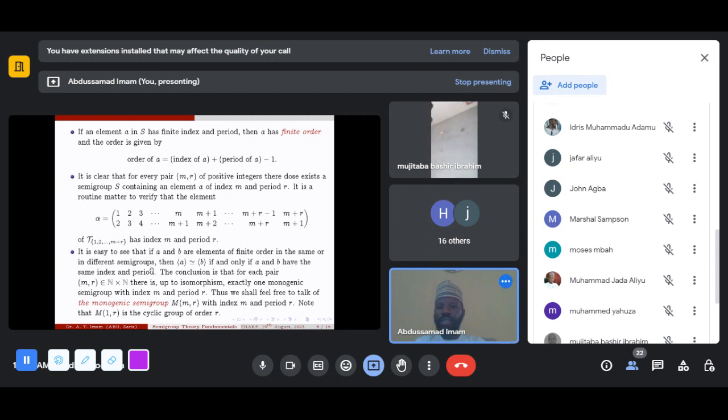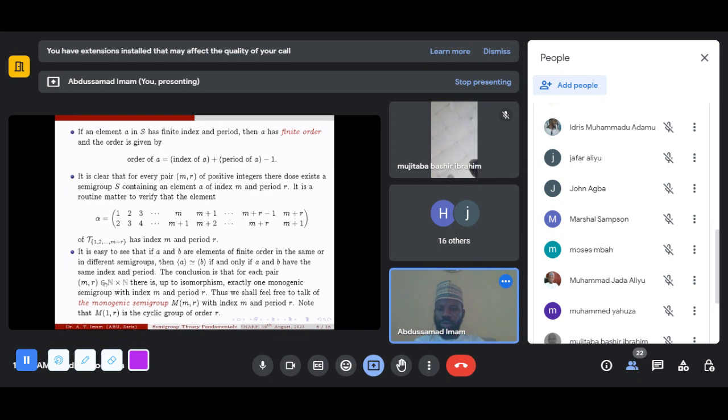And it is also not difficult to see that two monogenic subsemigroups are the same if and only if the generators have the same order. Because if the order of A and the order of B are the same, then the two monogenic semigroups will be isomorphic, and vice versa.